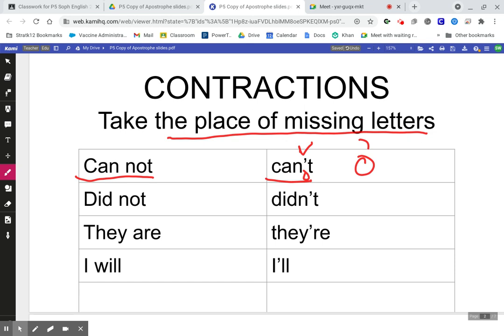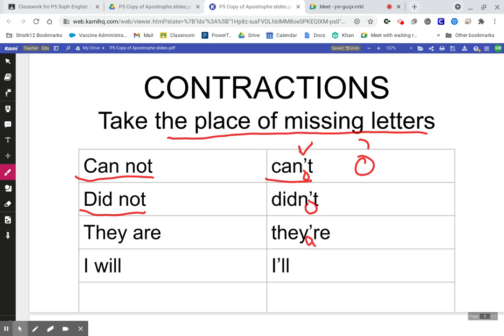So cannot turns into can't. The apostrophe takes that place. Did not changed into didn't, because of course there's an O missing in that also. And they are turns into they're, because there's an A missing. So you're putting the apostrophe in where the missing letter is.